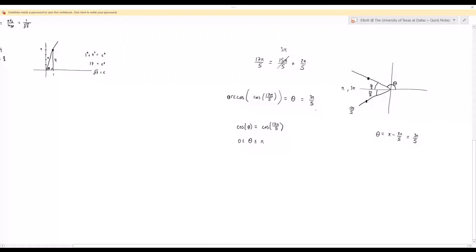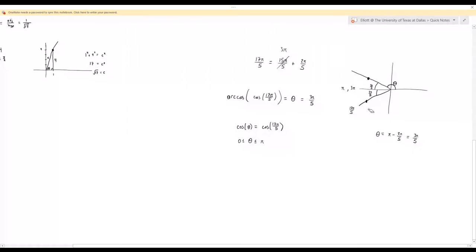So that one's a little bit tricky, actually, because it's not an angle on the unit circle. But I got a sense for where that point is located in the picture. I figured out it was in the third quadrant. It was 2 pi over 5 more than 3 pi. So then I want an angle theta where cosine of that angle is the same as cosine of 17 pi over 5.